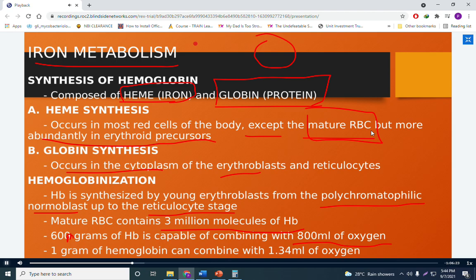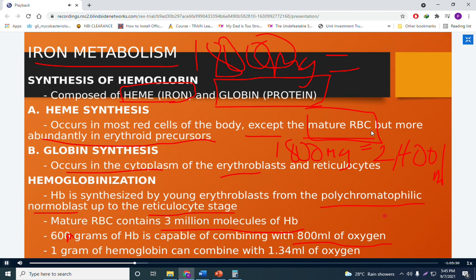So class, here is a question: 1800 milligrams of hemoglobin, how much oxygen can it bind? 1800 milligrams of hemoglobin, how many ml of oxygen can it bind? Okay, very good. So, it's 2,400.